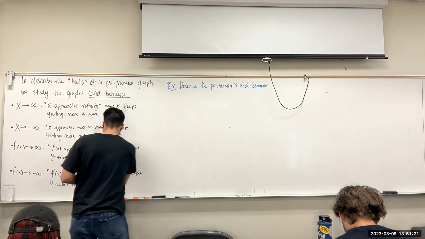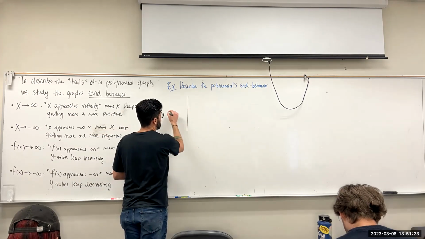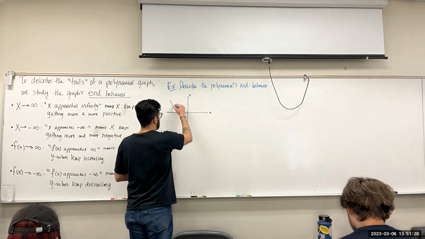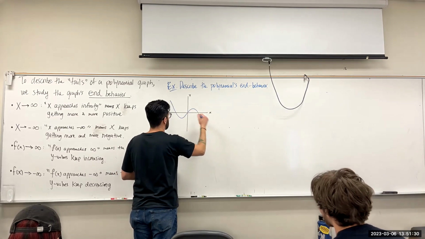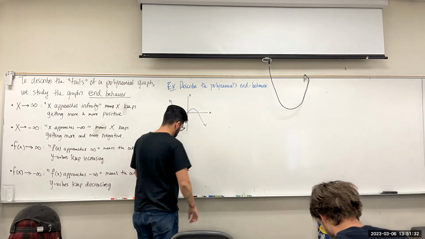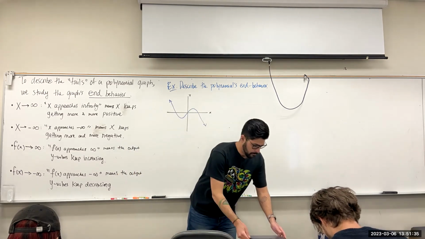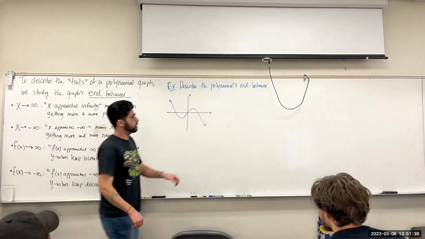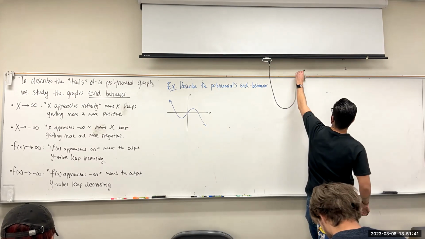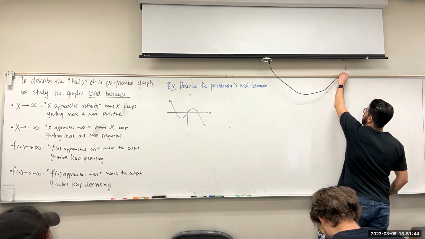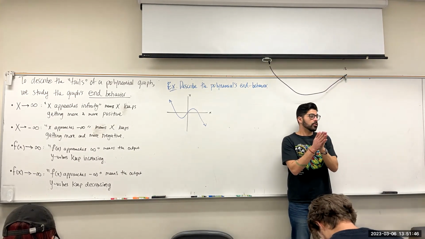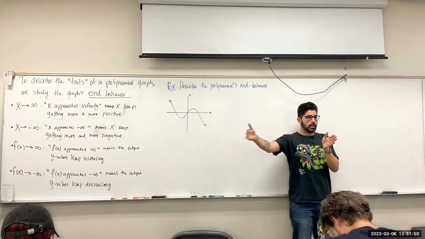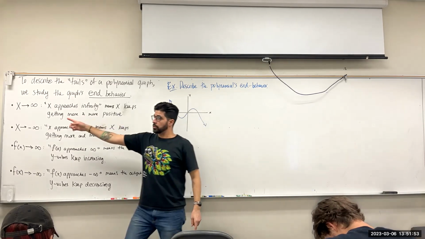And let's say the graph looks something like this. The way you do it is you first start by telling the reader the direction you want them to read the graph. Do you want them to read it from left to right, or from right to left?